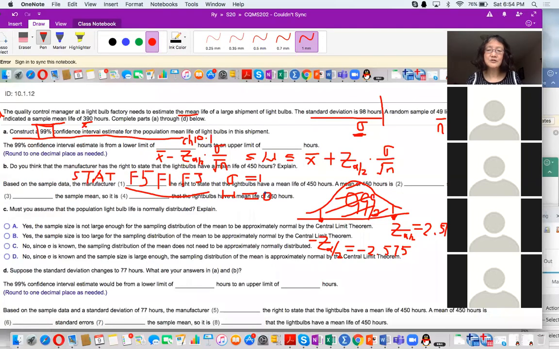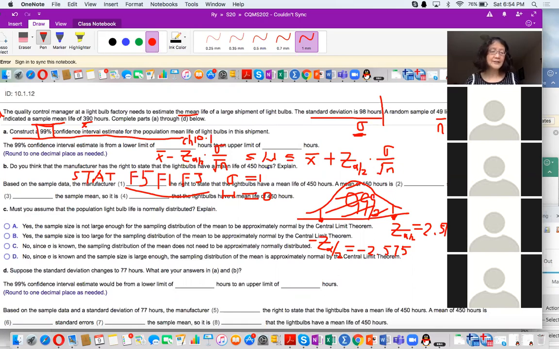You should get 2.575. Thank you for asking. Any other questions? Okay. So see this formula. You have every number, you can figure out. This is method 1, use the formula.